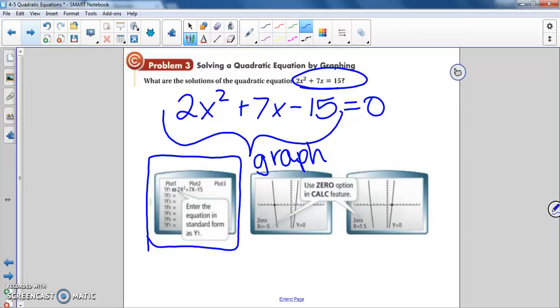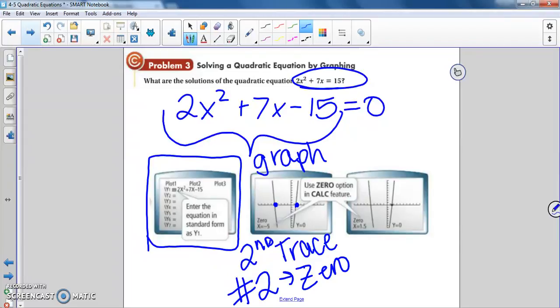on the top of our calculator, and we want to know where our graph is crossing our x-axis, because that is where our solutions are. So we would use our calc function, so we would press second trace, and we would use option number 2, which says zero.